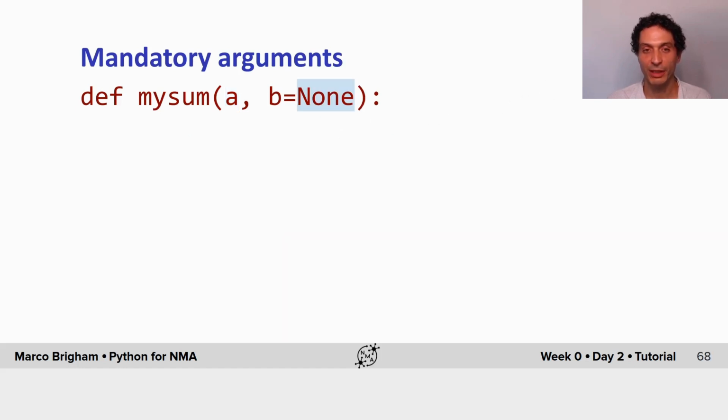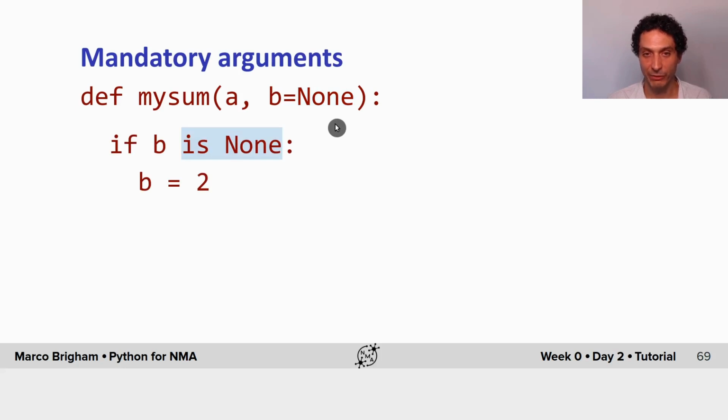Now recall in the first lecture we talked about none type, about absence of value, and you can use it in the definition of functions. So here I say that my second value, B, is initiated with a value of none. And so I can test inside if no value was provided for B, then I can assign it myself. This example is a bit redundant because I could have said here B equals 2.